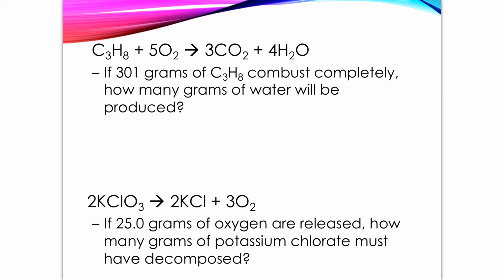All right, so the first thing I'm going to do is underline what I'm given. I'm going to read the problem real quick. If 301 grams of C3H8 combust completely, how many grams of water will be produced? Well, I've got a number and a unit here, 301 grams of something. So that's my given. And then what do I want to find?